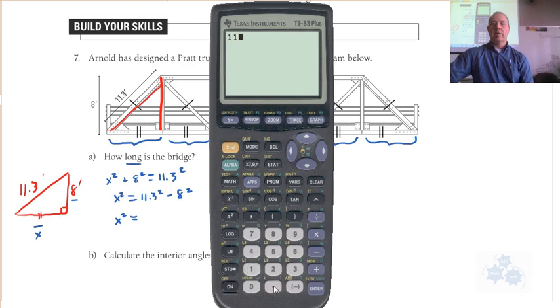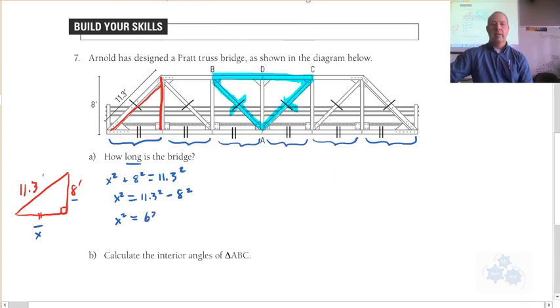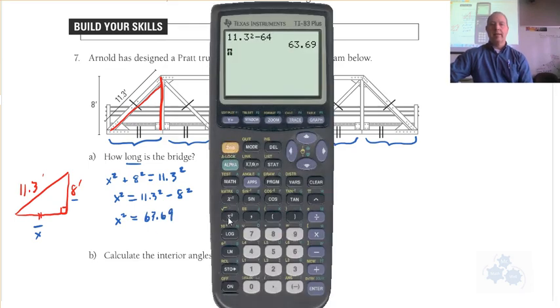You can get that on your calculator and do all that at once. 11.3 squared minus, now 8 squared is 64, you may know that. And that gives us 63.69. And we take the square root of that.